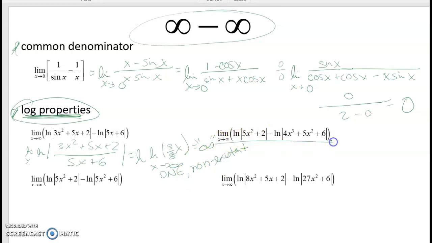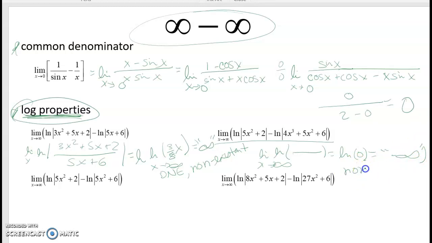Got another situation here. This time, when we take ln of the ratio of those two things, we get limit as x goes to infinity. The bottom dominates, so we get ln of 0. And ln of 0 is negative infinity. Whoop.